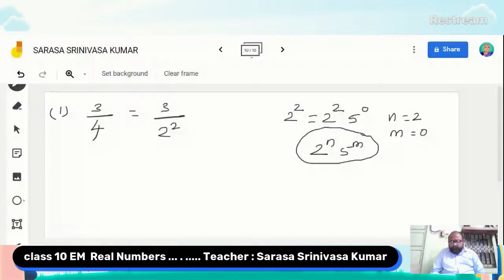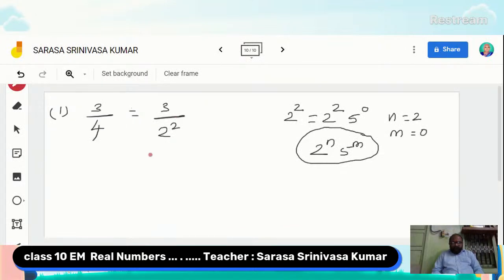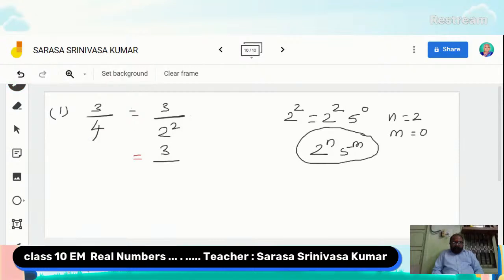So by which number should we multiply both numerator and denominator? This is equal to 3 by 2 square.